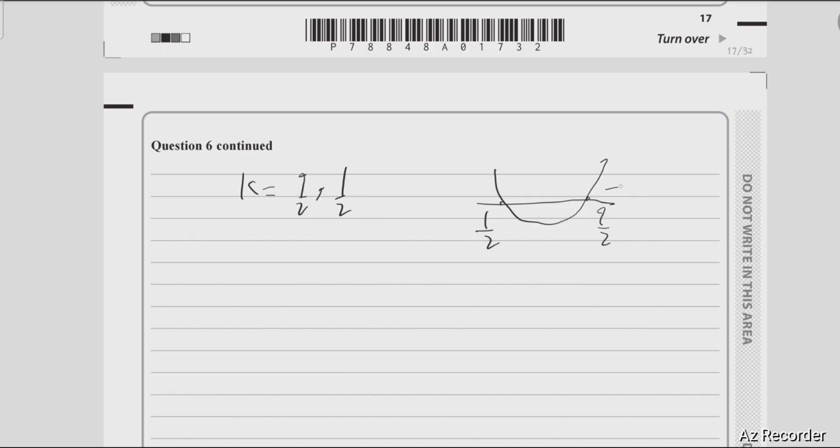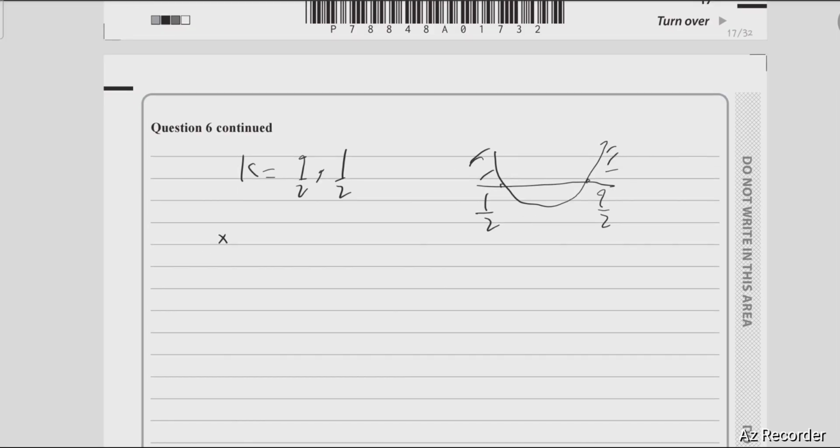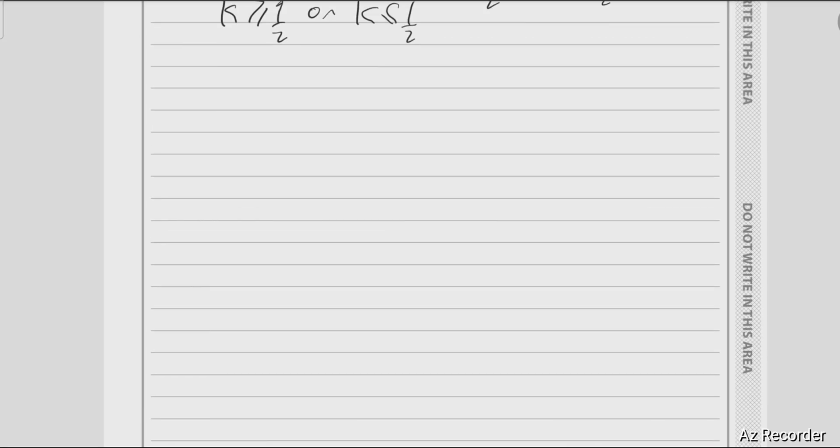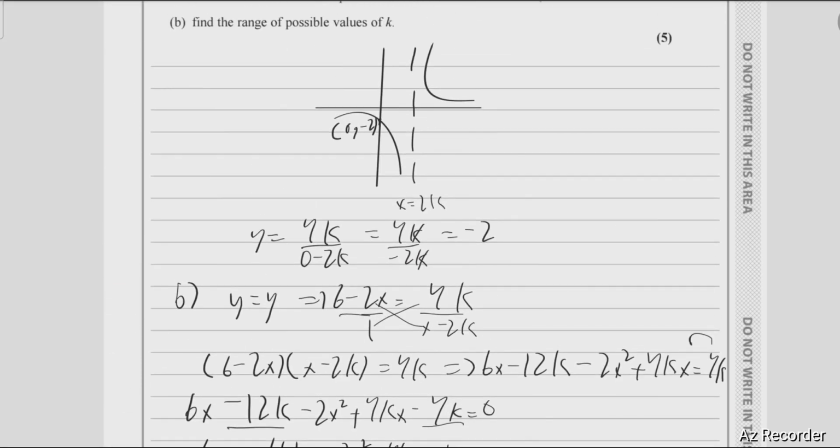The answer is outside, in this case k is greater than or equal to 9/2, or k is less than or equal to half, since we take outside the parabola. Is that all the question?